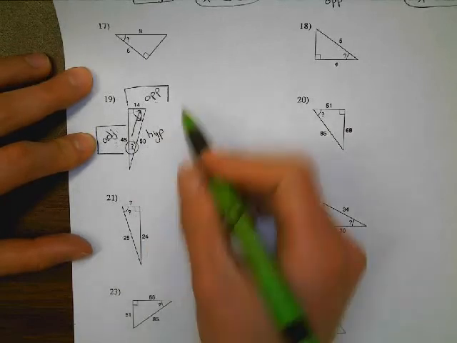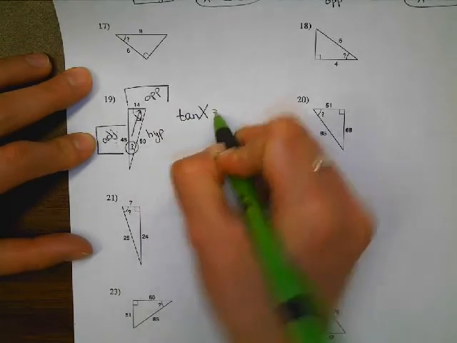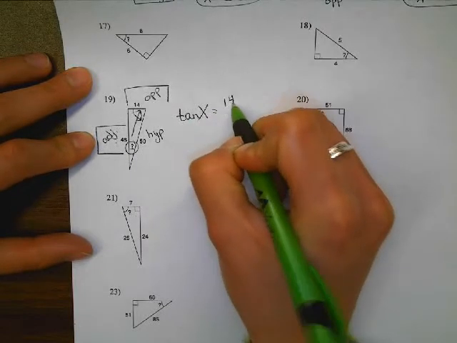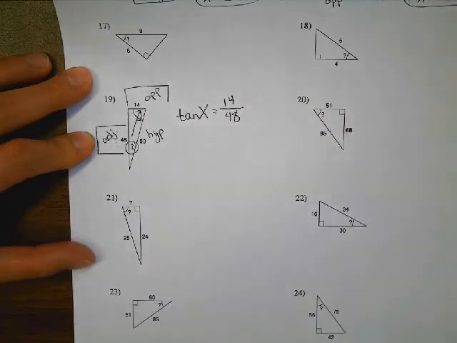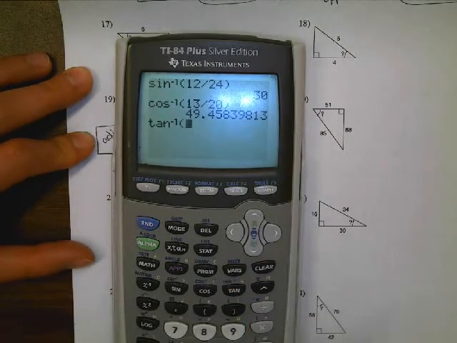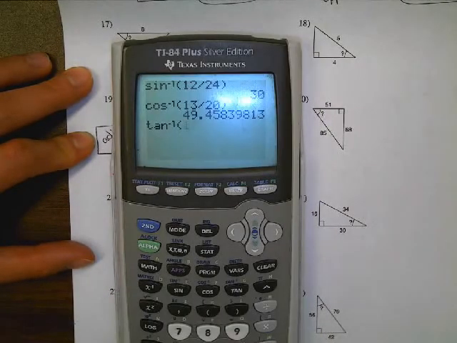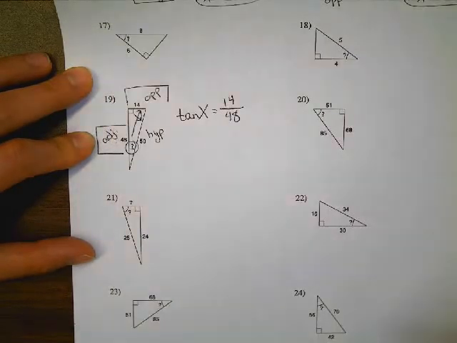Adjacent and opposite is the tangent ratio, so I have the tangent of x, which equals the opposite side, which is 14, over the adjacent, which is 48. So again, go to your calculator, second tangent this time, and then we have 14 over 48. So my angle is 16.3 degrees.